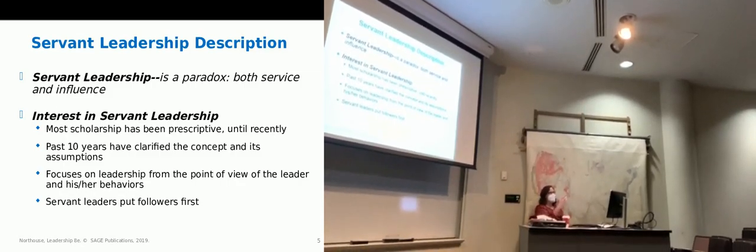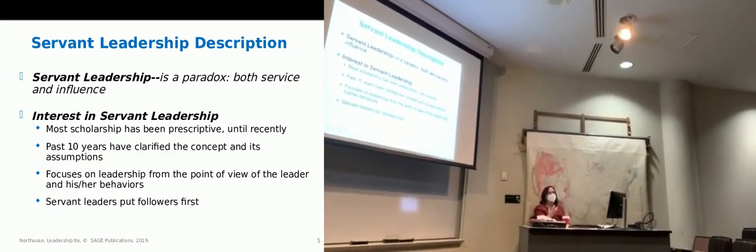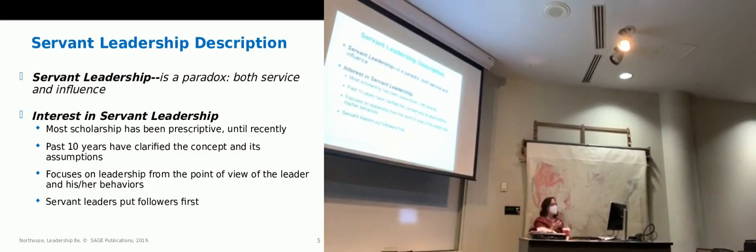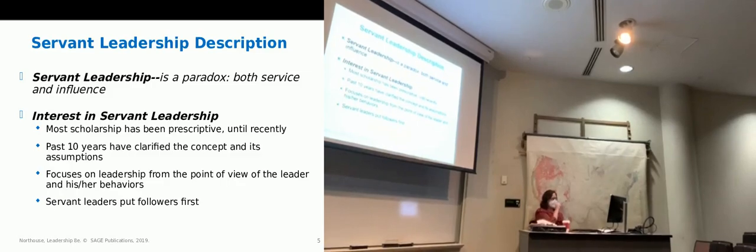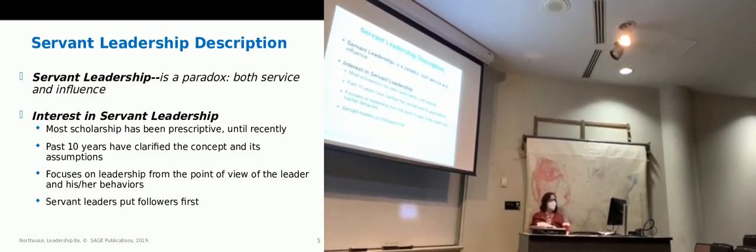And so they're still leading in a way to get what they want. Servant leadership says, no, honestly, if you ascribe to servant leadership, it doesn't matter what you want at all. It's all about what your followers want.